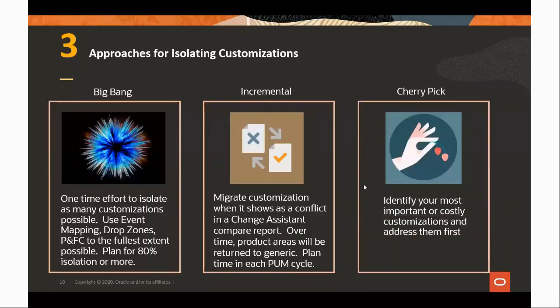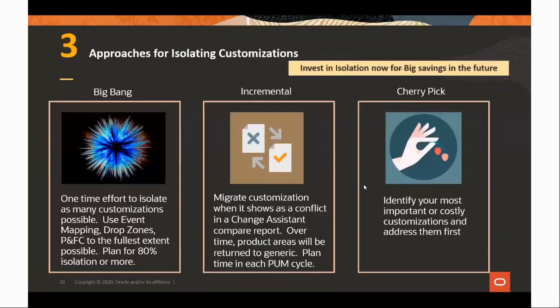The other approach is cherry picking. So identify the most important requirements that you have, the ones that are affected most often by your PUM upgrades, or the ones that are most costly in terms of re-implementation, and maybe address those first.